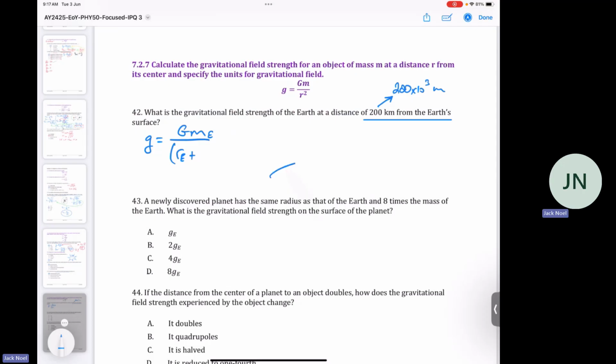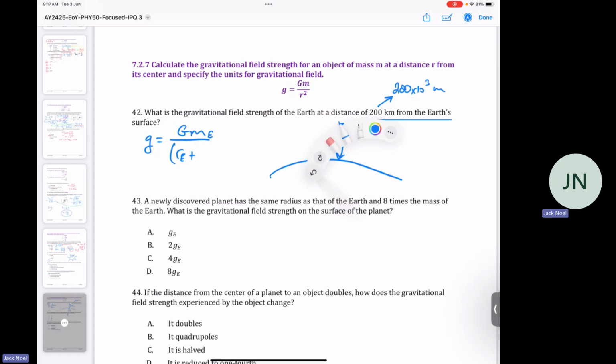But the object is, imagine, this is the surface of the Earth, it's somewhere here, which is 200 kilometers away. So I have to take into consideration not only the radius of the Earth, but also that it is 200 kilometers away.